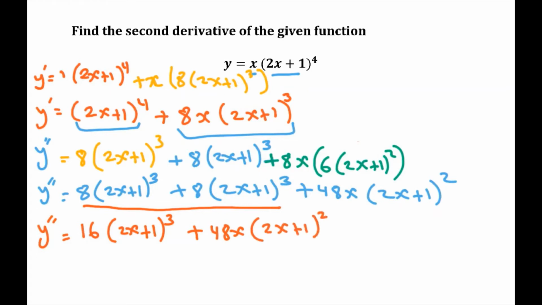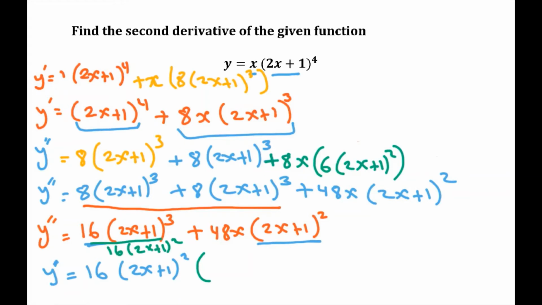Now finally, I can simplify these two by taking 16 and this as a common factor, because between 16 and 48, 16 is a common factor. Between (2x plus 1) squared and (2x plus 1) cubed, (2x plus 1) squared is a common factor. Now you finish it by dividing each one of these by 16 and by (2x plus 1) squared.